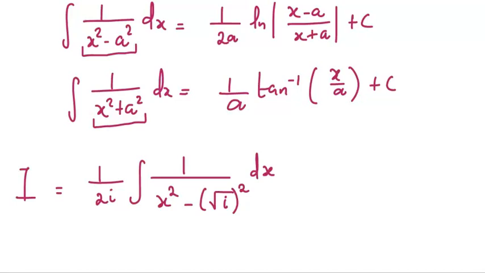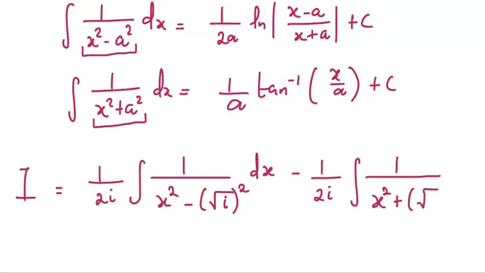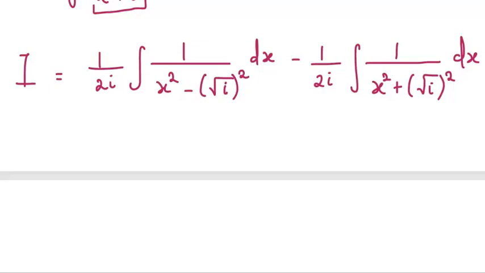And again we have minus 1 divided by 2i multiplied by the integral of 1 divided by, here the same thing, x squared plus i, which is the same as square root of i, and then squared. Then we have our dx. So we can make use of those standard integral formulas, right?